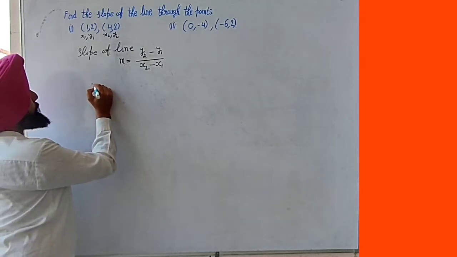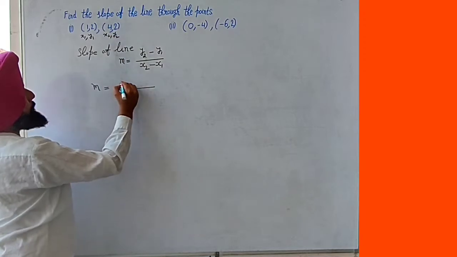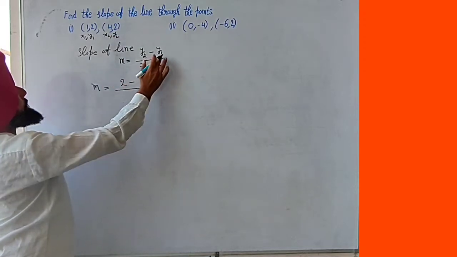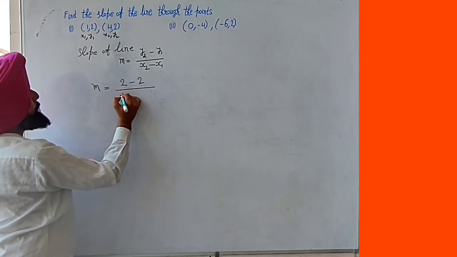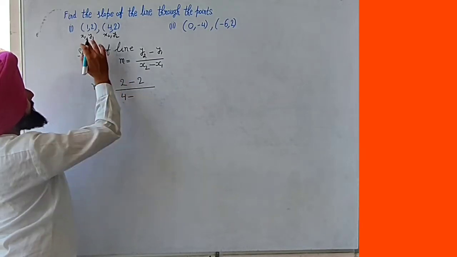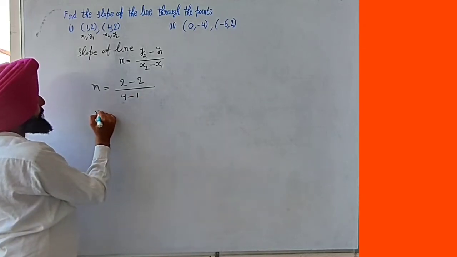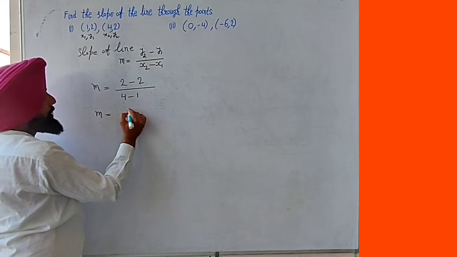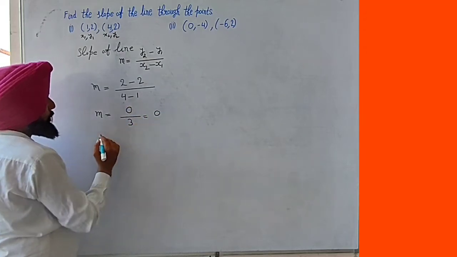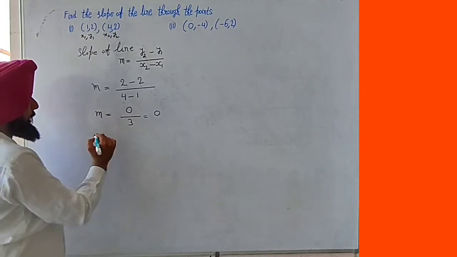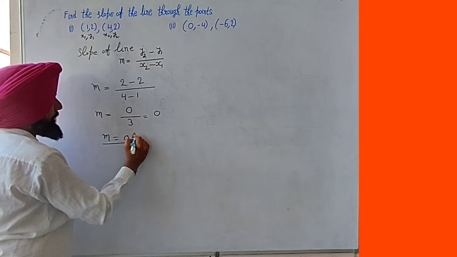So slope m is equal to y2, that means 2, minus y1, again 2, over x2, 4, minus x1, 1, and it becomes m equal to 0 over 3 equal to 0. So the slope of the line in the first sum is 0, which is our answer.